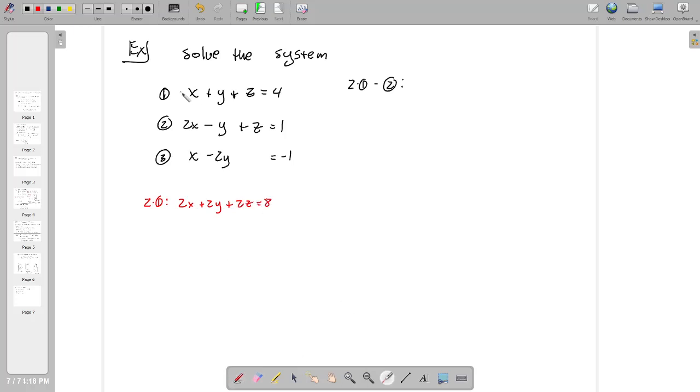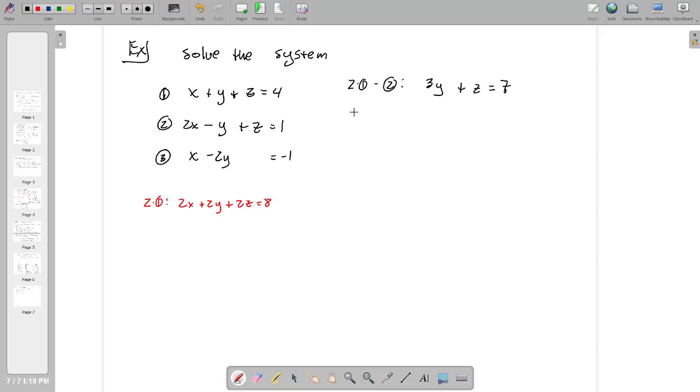Multiply everything by 2. And then, of course, equation 2 is this equation here, and I'm going to subtract. So I take 2x minus 2x is 0. 2y minus a negative y is 3y. And 2z minus z is just z. And I have 8 minus 1 is 7.